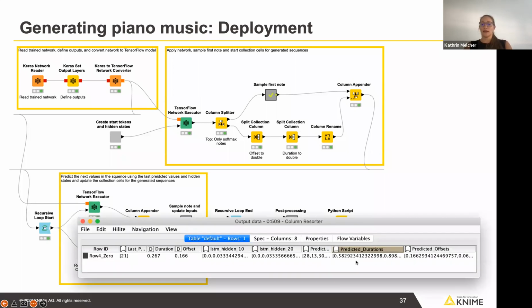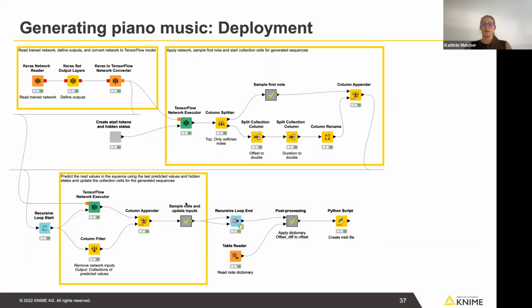And the output looks like this, that I always get a collection with a sequence of the different nodes together with the durations and the offsets. And here always the last values, which are used in the next iteration to predict the next node with its duration and the offset difference.